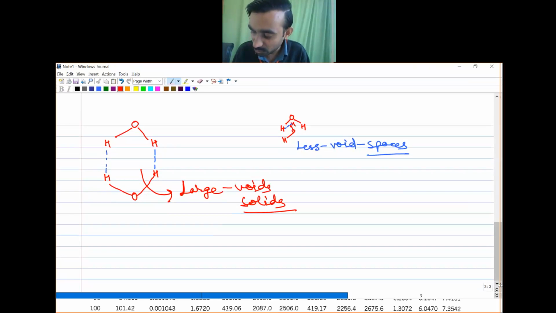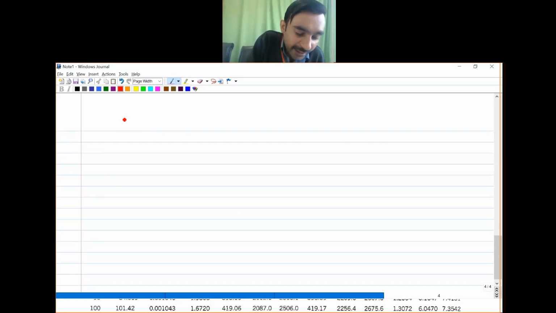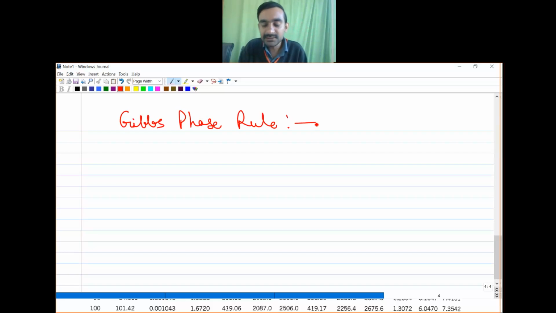But before going to the steam table, let me briefly discuss one more concept, an important rule called the Gibbs phase rule. Gibbs phase rule tells us that when we have a substance that can occur in multiple phases, this rule specifies how many independent properties are required to define the state of the system.